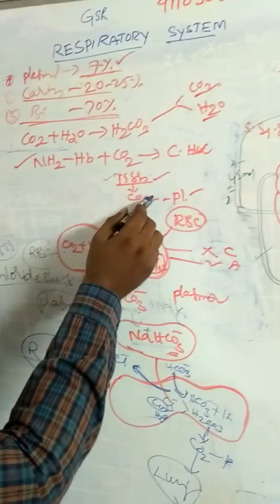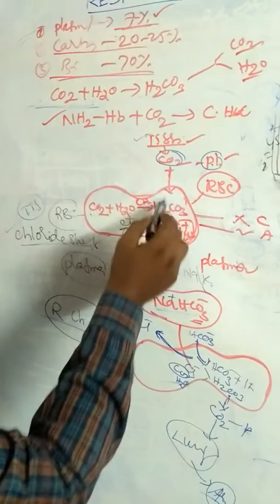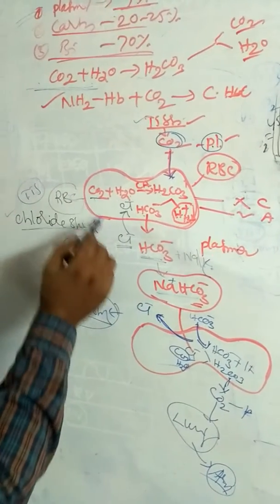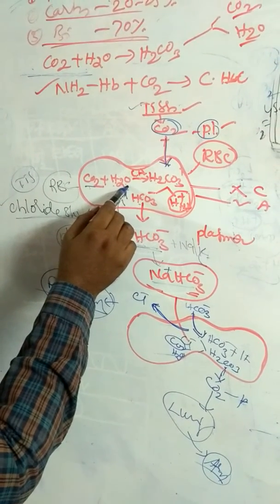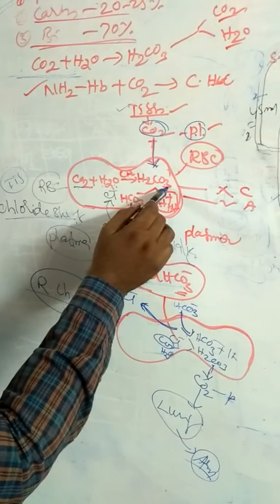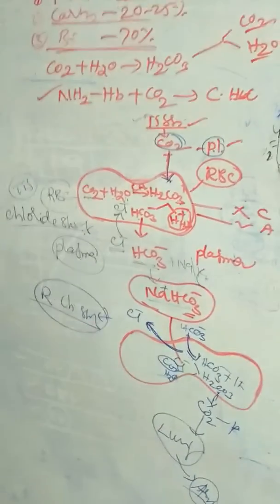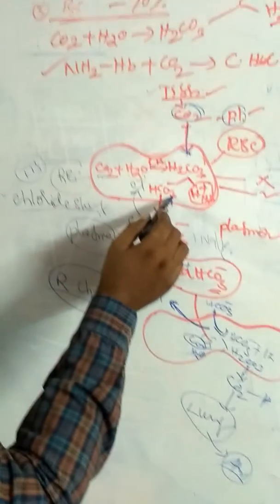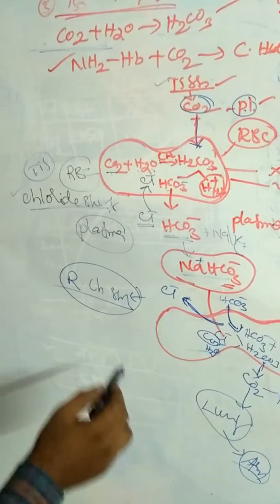Once again, CO2 from the tissues enters into the plasma. From the plasma, it goes to the RBC. In the RBC, carbon dioxide combines with the water of the cytoplasm of the RBC to form H2CO3 in the presence of carbonic anhydrase. It dissociates into HCO3 minus and H plus.